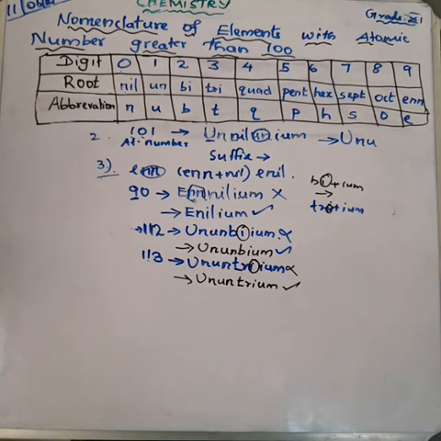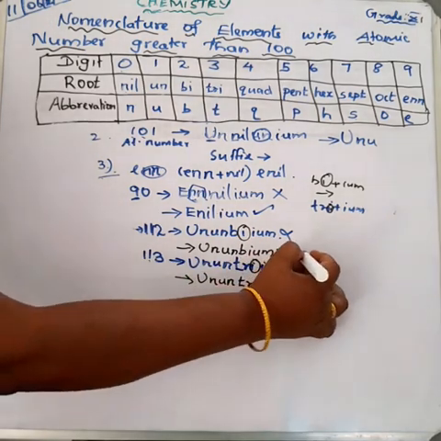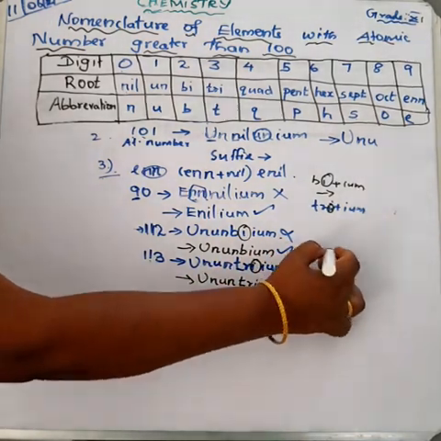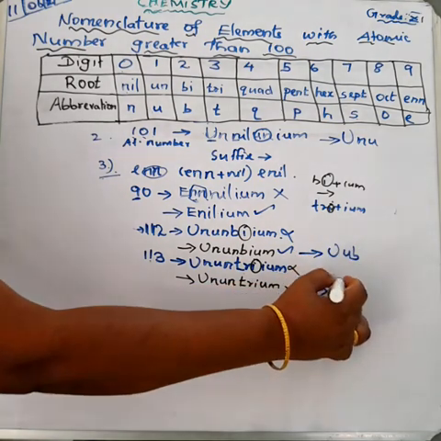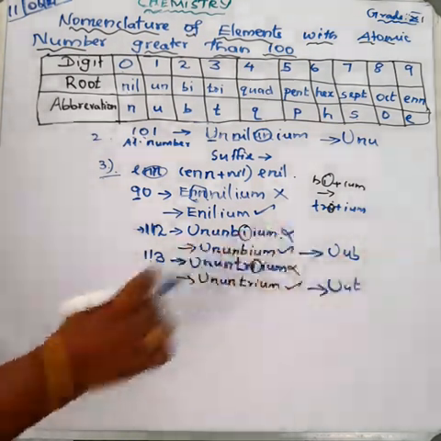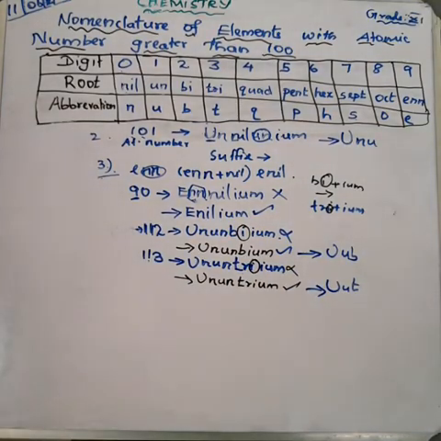After that, what is rule 4? The symbol of the new element is derived from the first letter of the numerical roots. Okay, I already told you the symbol. How will you write the symbol of the new element? It is derived from the first letter of the numerical roots. Okay, for example, 101.